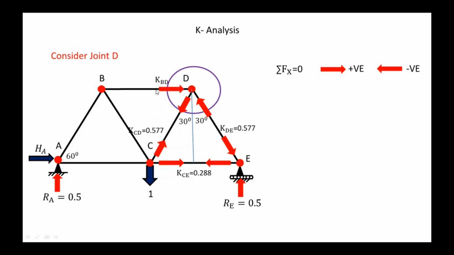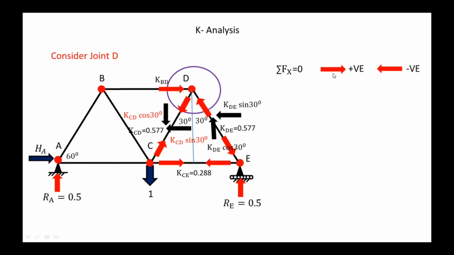So now we are considering KBD direction is toward the joint, and now resolve these two forces in the previous fashion. So horizontal forces are three: KDE sin 30, KCD sin 30, and the KBD.